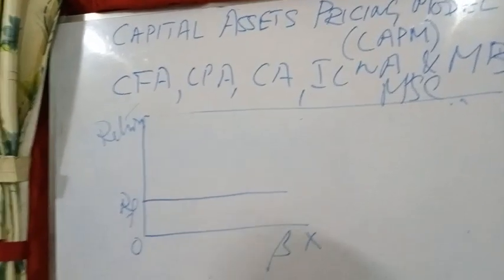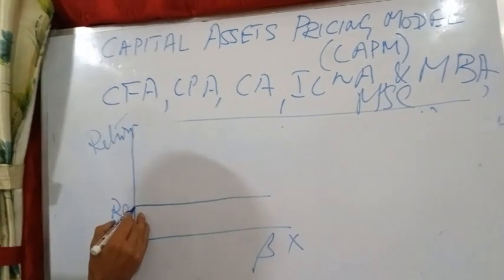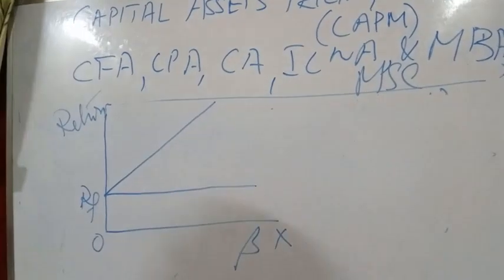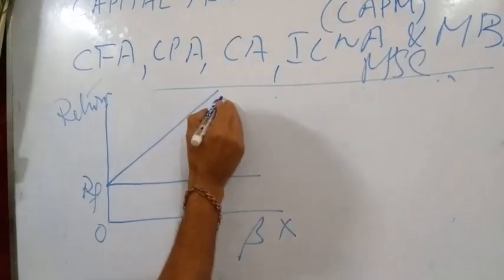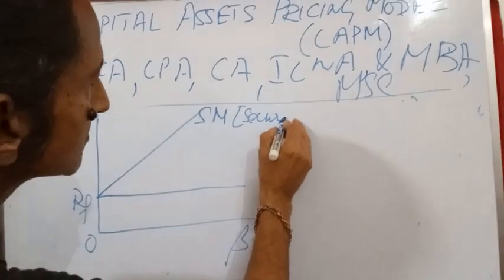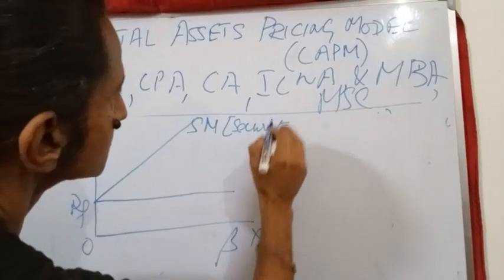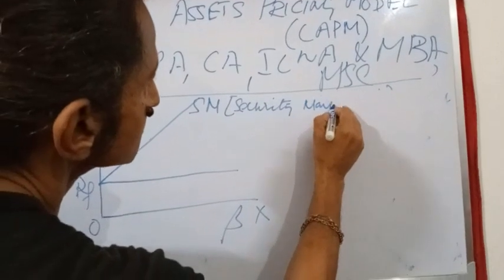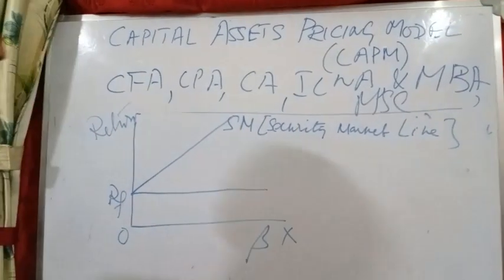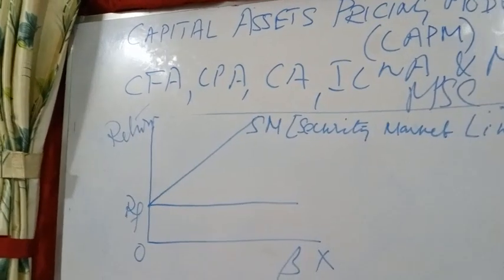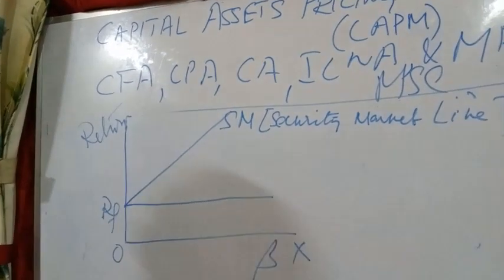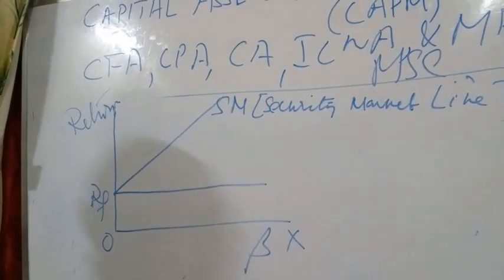Now, if you draw a straight line from here, we get the SML, the security market line. The security market line combines risk-free return and risky returns.